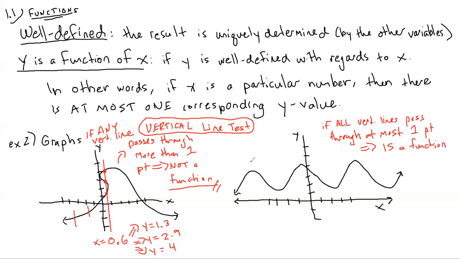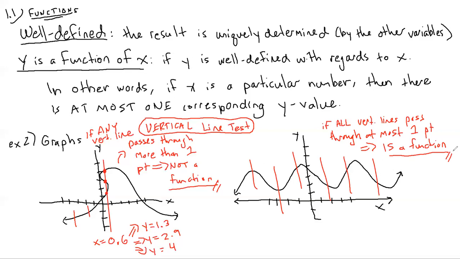And that's what we have here. All of these vertical lines that I draw, I'll never get it to pass through multiple points. And what that means is that every x corresponds to exactly or at most one y value. So that's what we have for this case here.